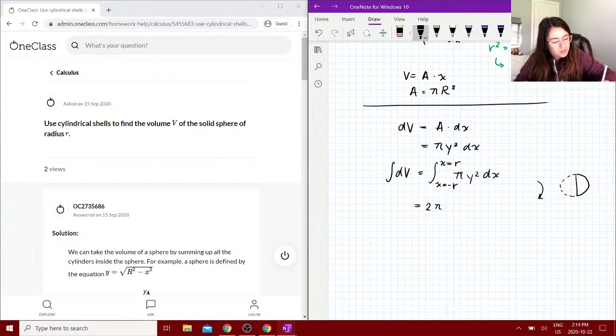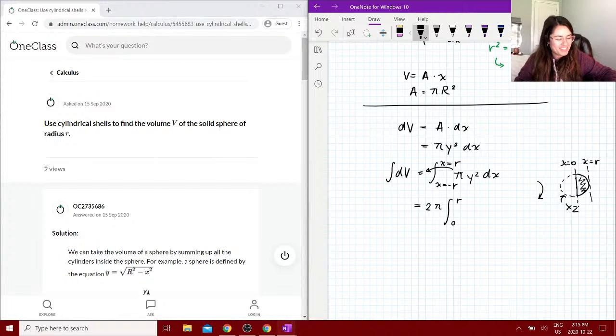So I'm also going to take this pi outside the integral, since we don't need to evaluate it, and then change the integral from r to minus r to r to 0. You can look at it like this. We have x equals 0, x equals r, and we're only going to take the volume of this and then just multiply by 2 to get the volume of that.